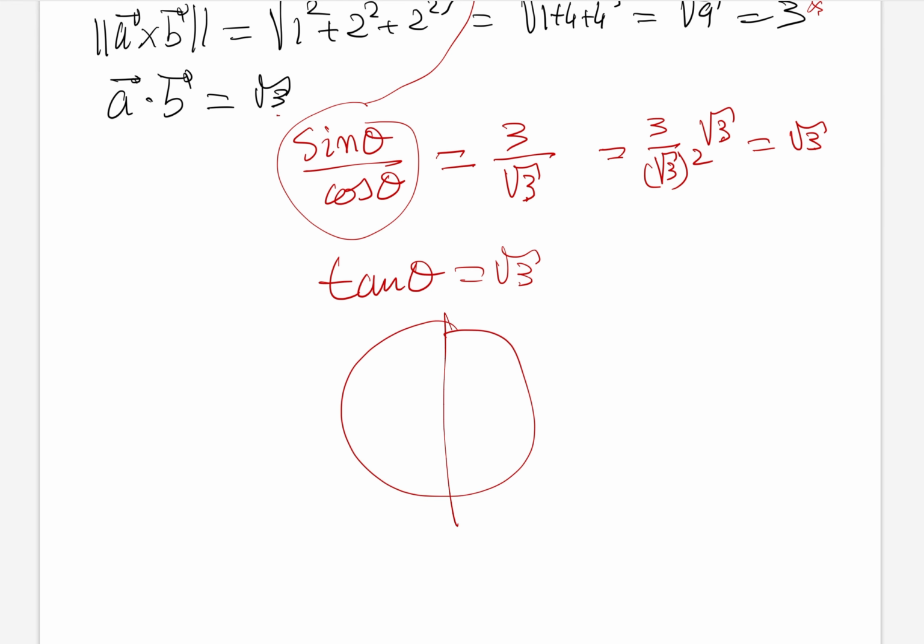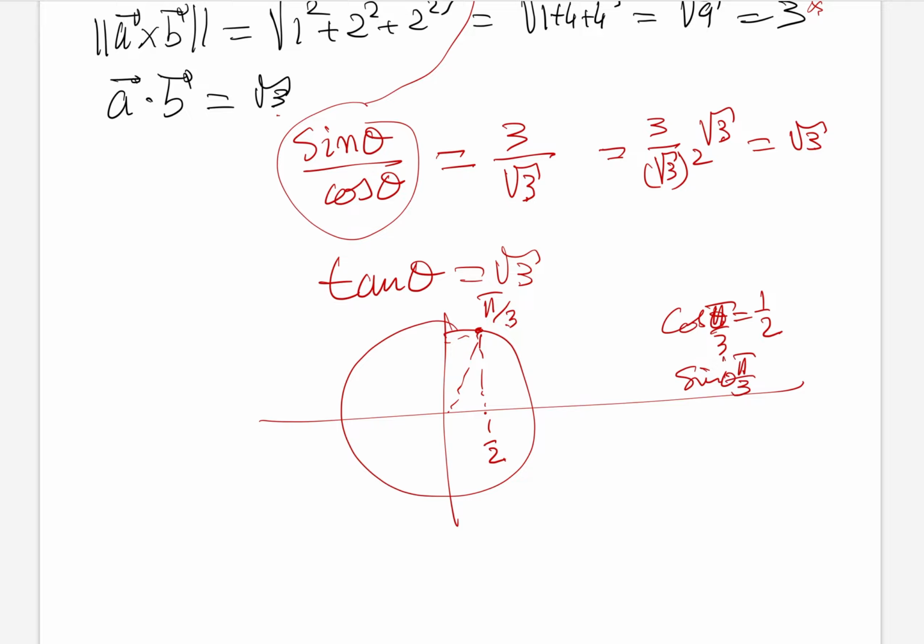So let's draw the unit circle. If you look at this one, we have pi over 3. Cosine of pi over 3 is 1/2, and sine of pi over 3 is square root of 3 divided by 2.